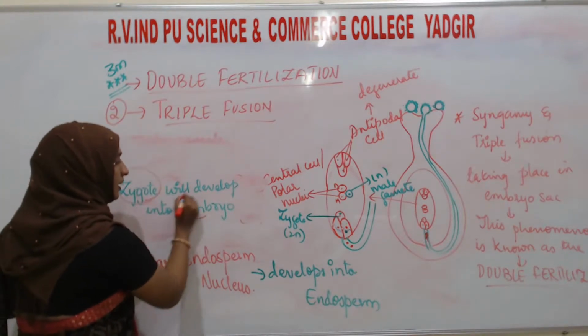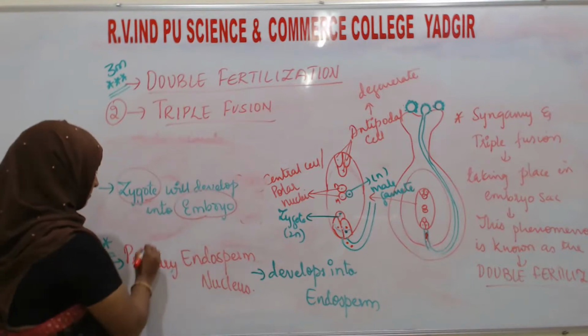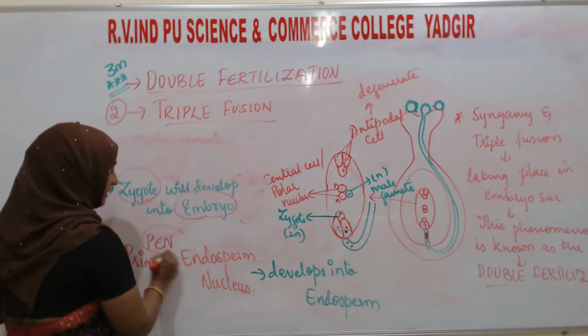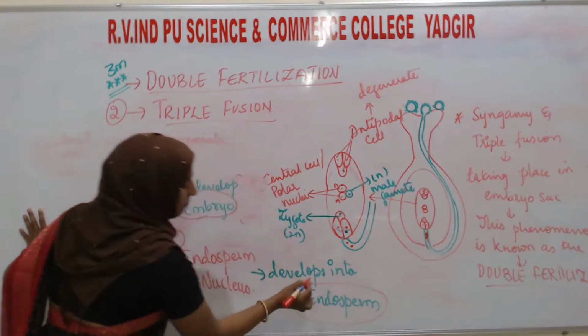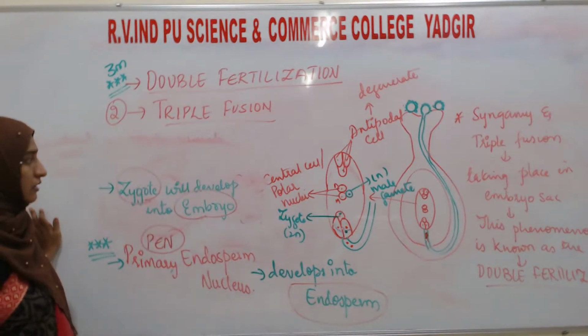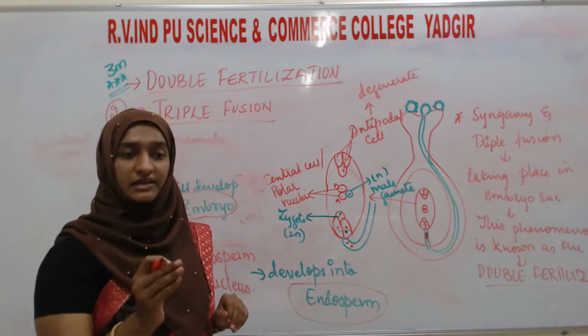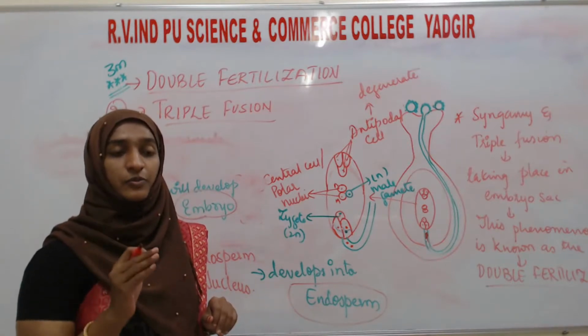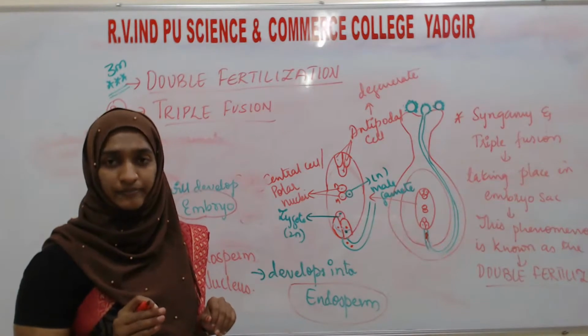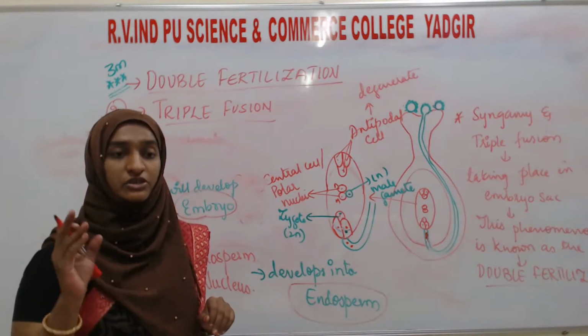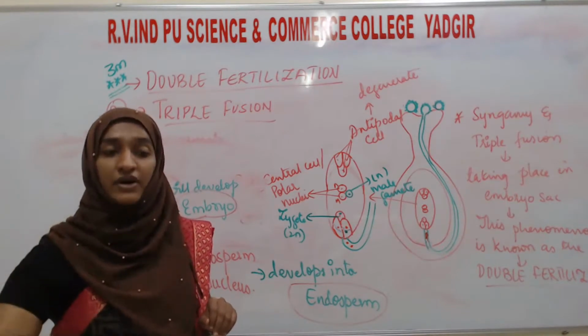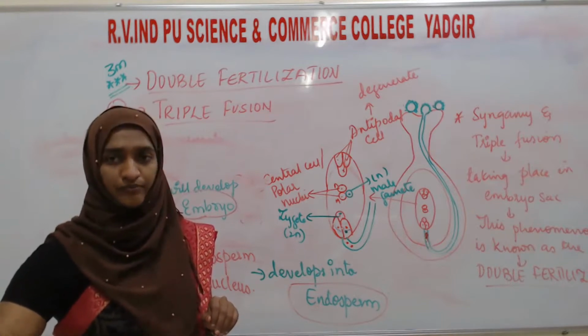Fusion of one male gamete with one egg cell is known as syngamy, which results in the formation of the zygote. The zygote further develops into the embryo.